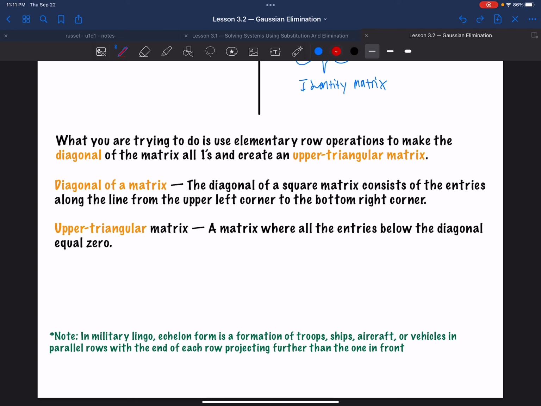Sorry. An upper triangular matrix looks like this. I don't have to have that diagonal of ones. I could have like 3, -2, 8. But I do have the zeros down there, and then I could have anything up here.